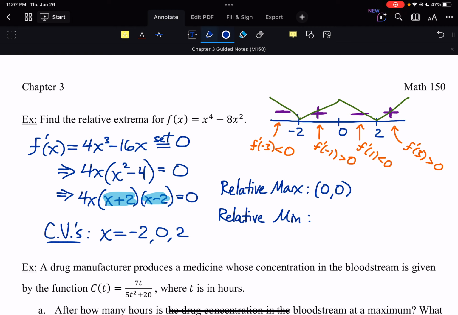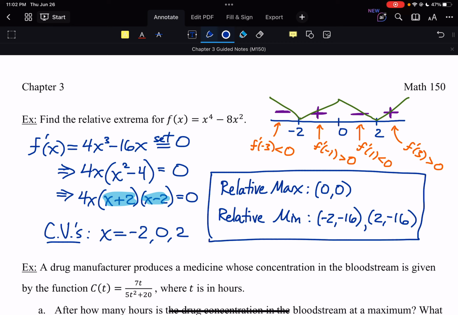For the relative minima, if we plug in -2 back into the original again to get the y value, we end up getting -16. And if we plug in +2, we also get out -16. So those would be the relative extrema for this function. Okay, so we have 1 relative max and 2 relative mins.